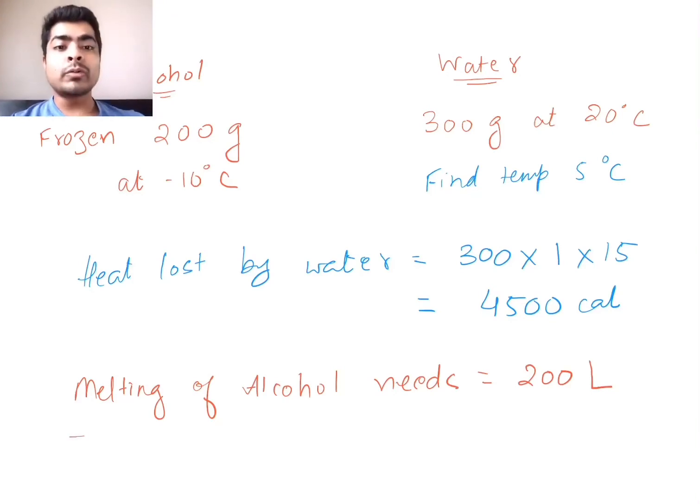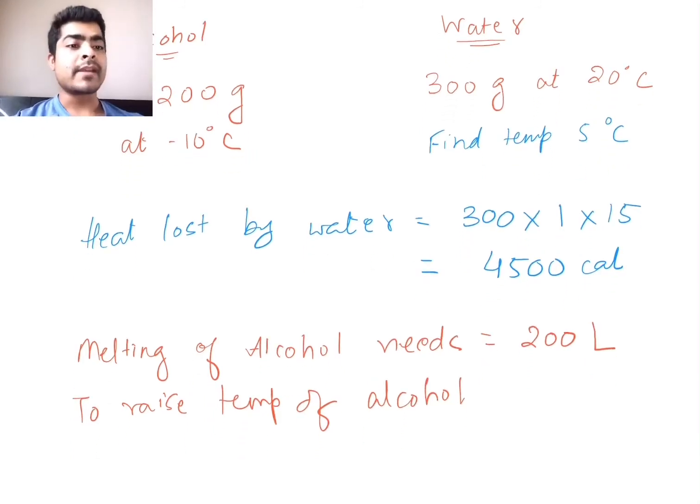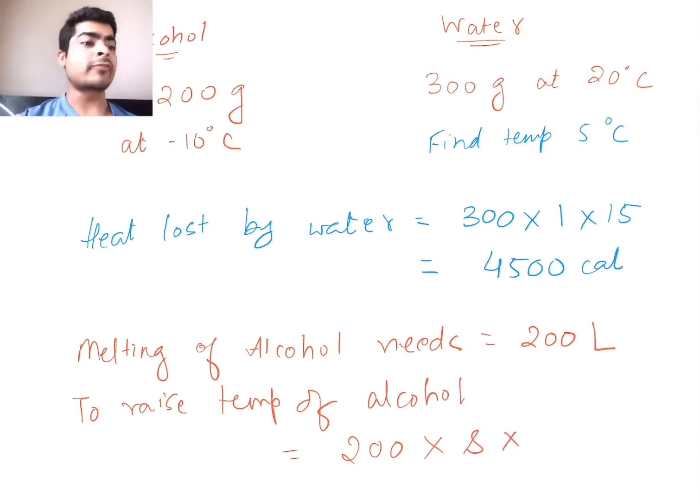Now to raise the temperature of alcohol from minus 10 degree to 5 degree, how much heat will be needed? Heat needed will be 200 gram, the mass of alcohol, into specific heat of alcohol, let's say S, into temperature change from minus 10 to plus 5. So temperature changes 15 degrees Celsius.